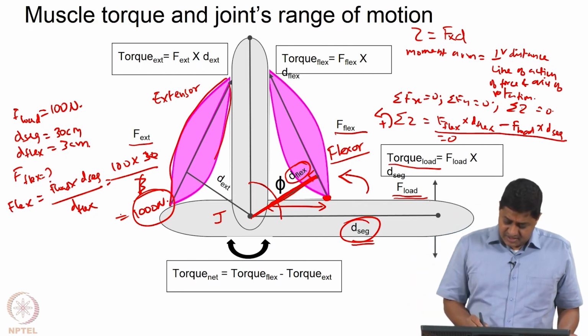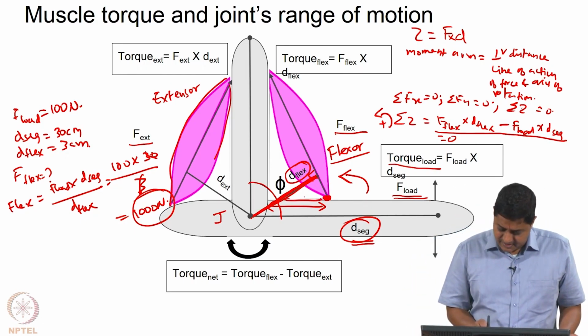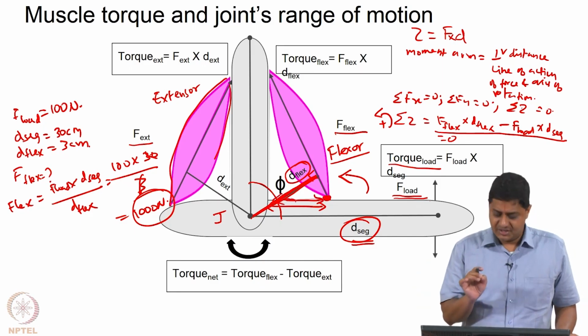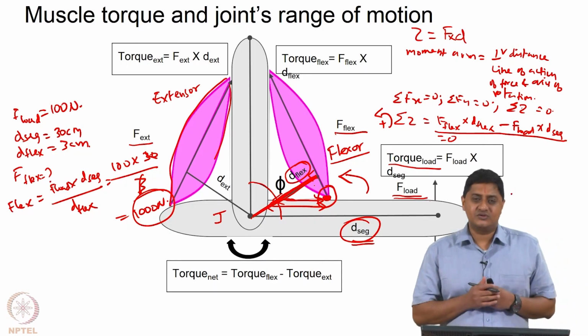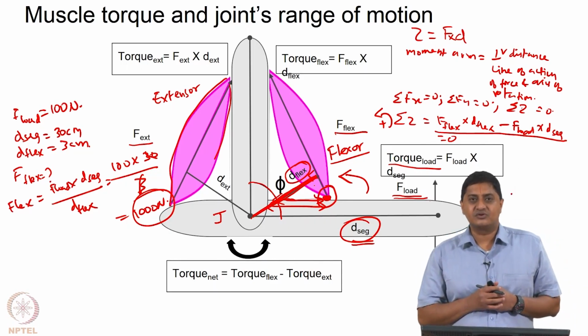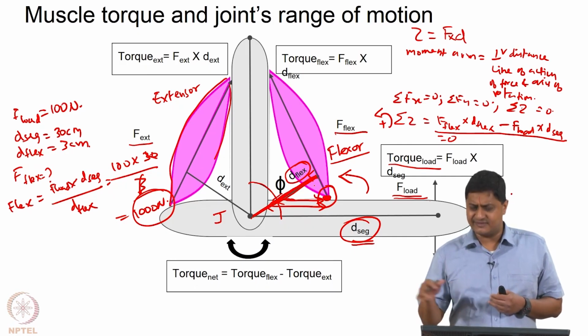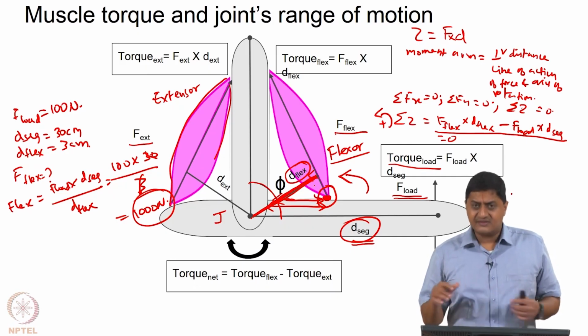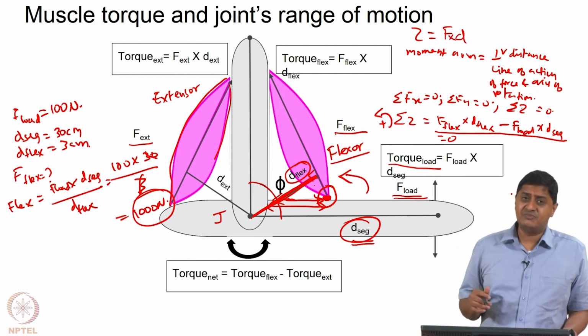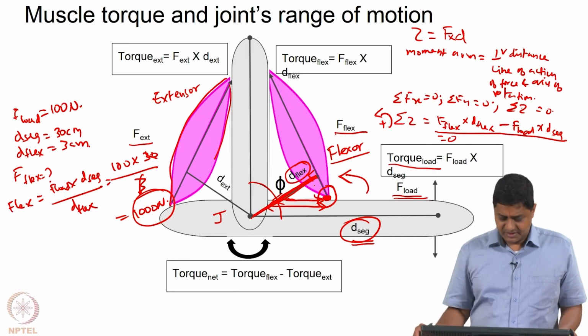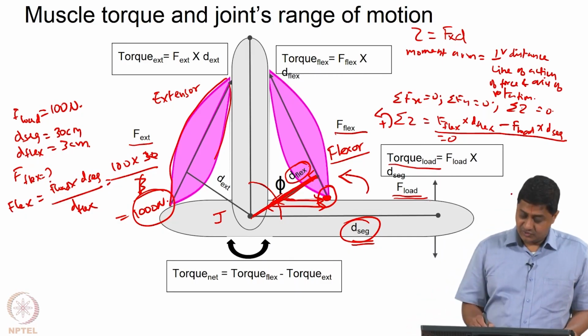Well, obviously this is because the point at which the muscle attaches, or the insertion, is closer to the axis of rotation or to the joint when compared with the load in this case, and this is usually the case in many such systems. So, usually the muscle force that needs to be produced is many times the actual load. That is because of small moment arms.